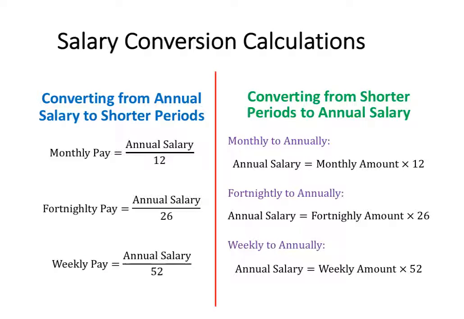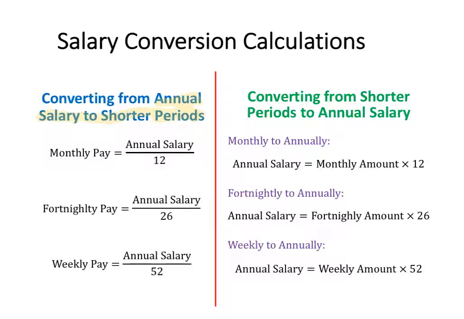If we are converting an annual salary to a shorter period, for monthly pay, it is going to be the annual salary divided by 12. If we are converting it into fortnightly pay, it's going to be the annual salary divided by 26, because there are 26 fortnights in a year. Or if we want to work out a weekly pay amount, we divide the annual salary by 52, because there's 52 weeks in a year.